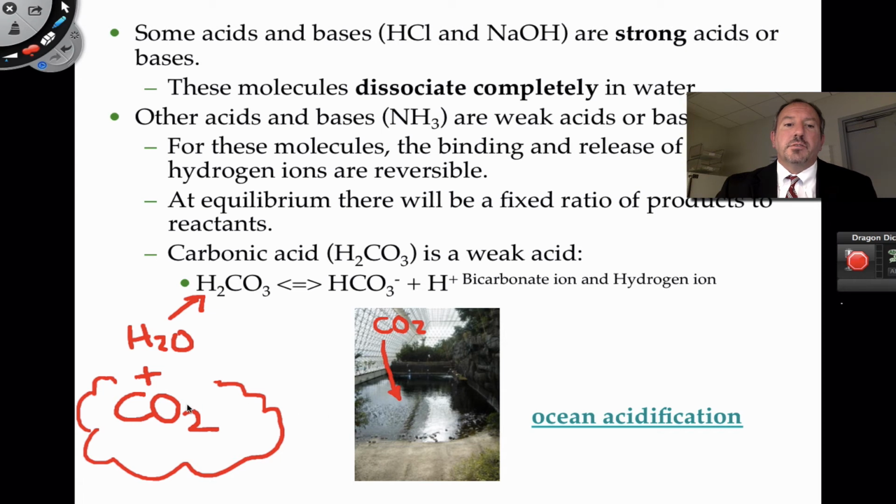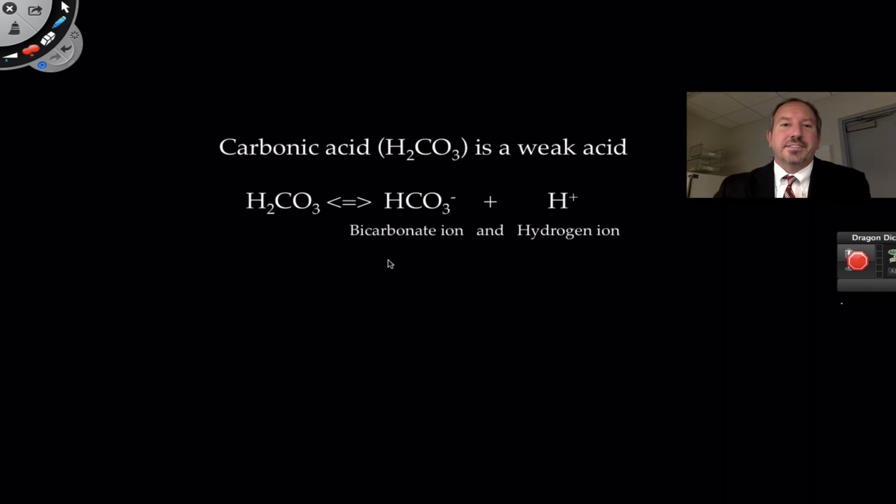And as it reacts with water, it forms carbonic acid. Therefore, it dissociates into hydrogen ions, and it makes the pH not 7, it's lowering the pH to becoming more acidic. So 7 being neutral. I'll get to that scale in a second, so hold on.